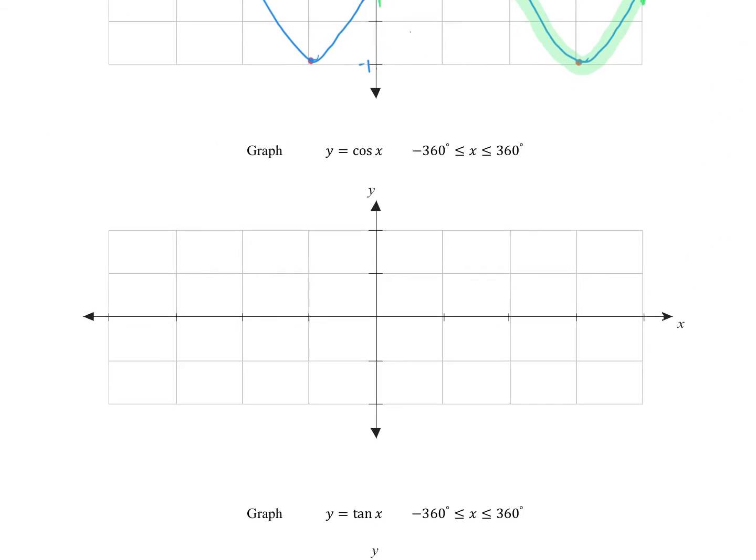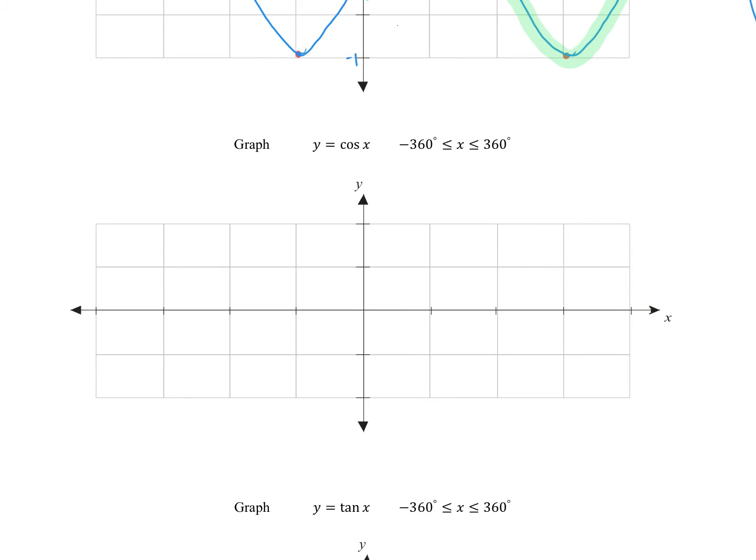All right, so now let's do the cos graph. We've got to do the same thing. So we're going to set up our axis with negative 360, negative 270, negative 180, negative 90, 0, 90, 180, 270, 360.